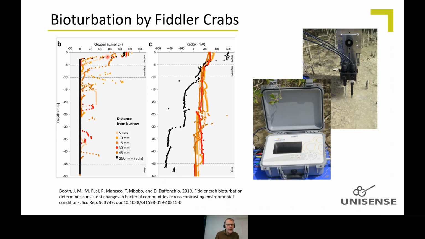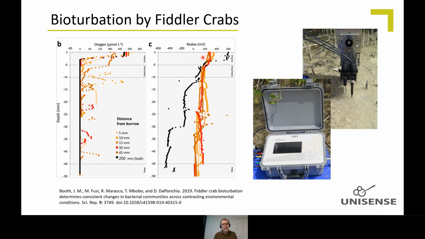If you look at the light colored ones here, oxygen disappears more or less here, but then it shows up again here, and here. And the same if you go further away from the burrow, all the way up to at least 30 millimeters away.